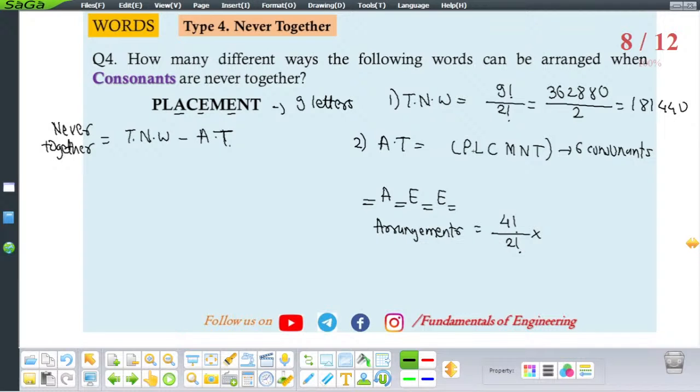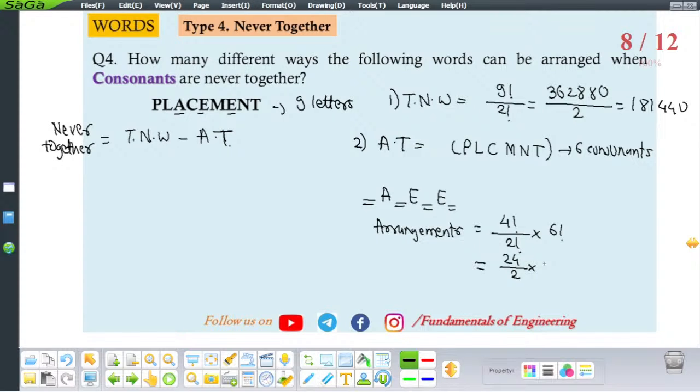I am also doing the calculations. So 4 factorial value is 24. 2 factorial value is 2. 6 factorial value is how much? 720.